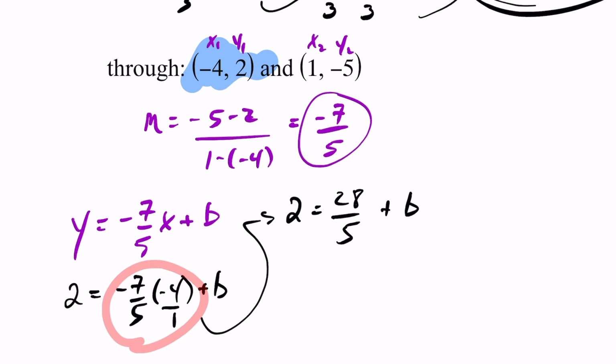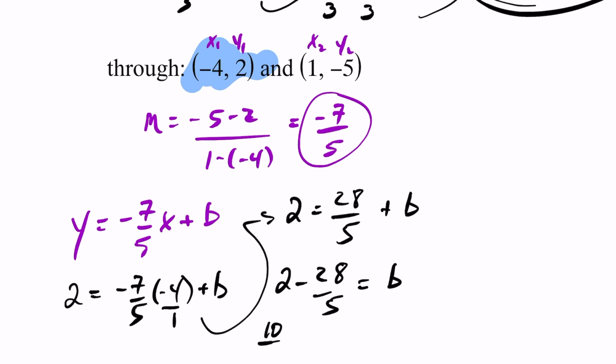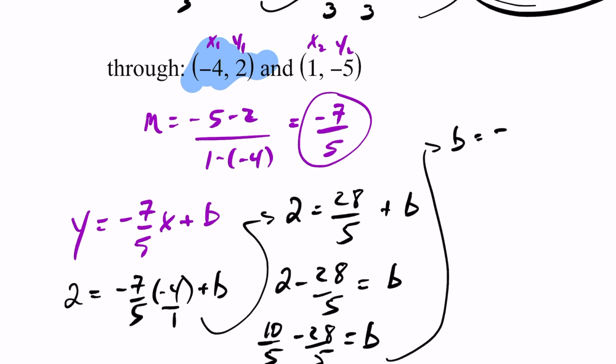It doesn't. But before you go ahead and multiply those out, you always want to make sure that they reduce. So I can isolate for b here. I'll rewrite this as 10 over 5 minus 28 over 5 is b. And b is negative 18 over 5. So the equation is y is negative 7/5 x minus 18 over 5.